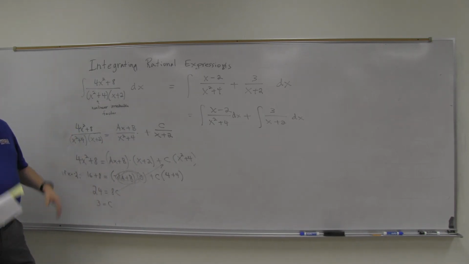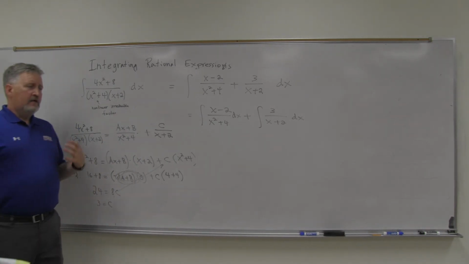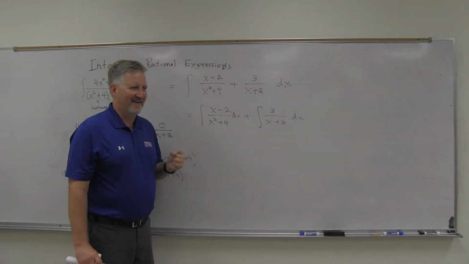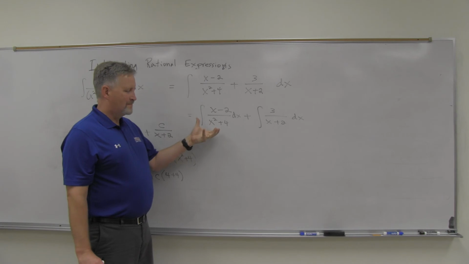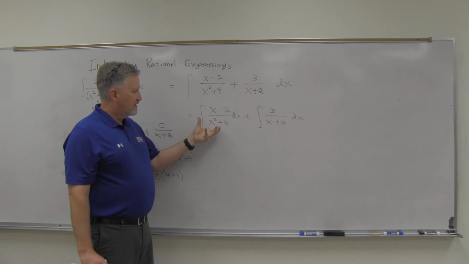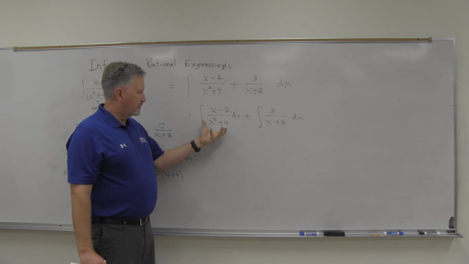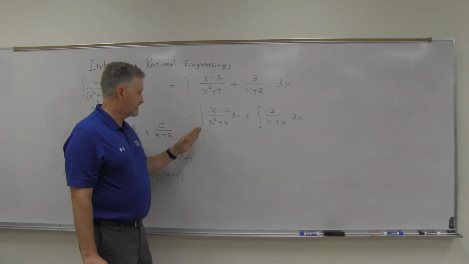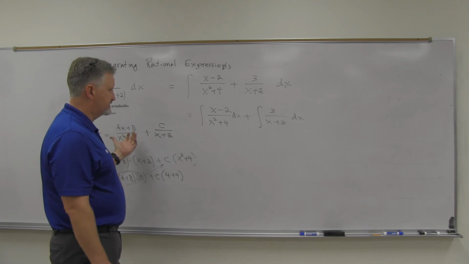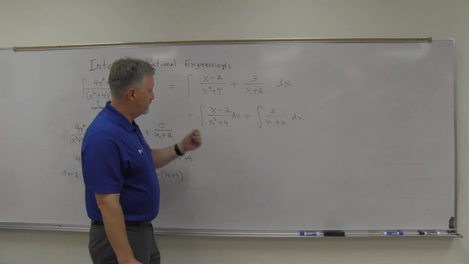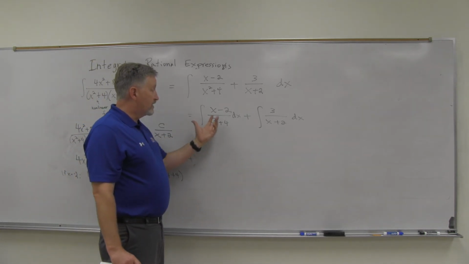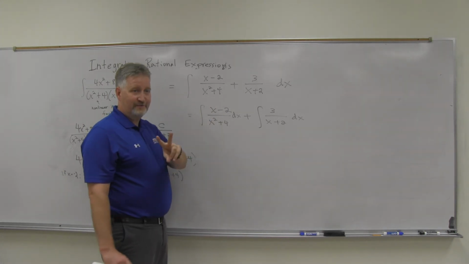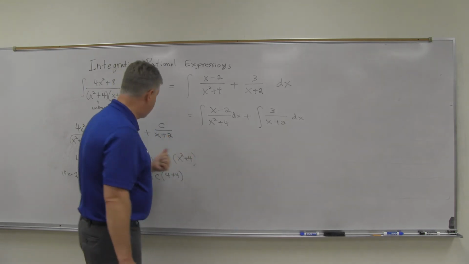Okay, so here's what we're going to do on this one, okay? We've already done the partial decomposition, and I guess you could think of it as something else here, but this is what we're going to have to do usually on these. We're going to break this one up into 2 fractions, which I guess we could have done here.